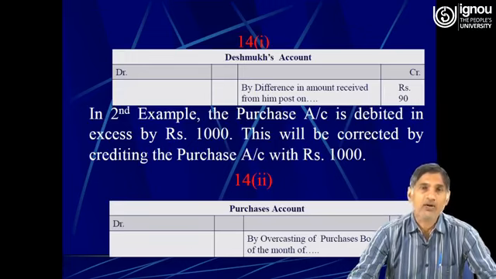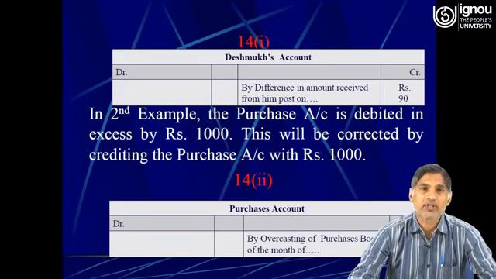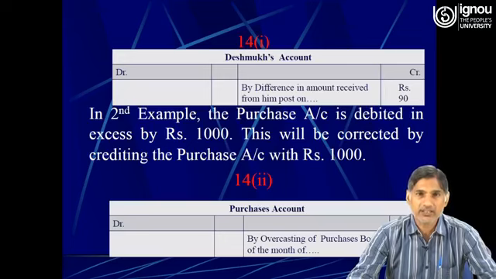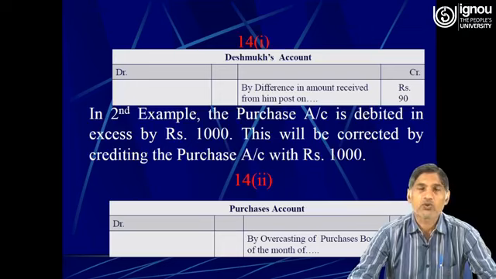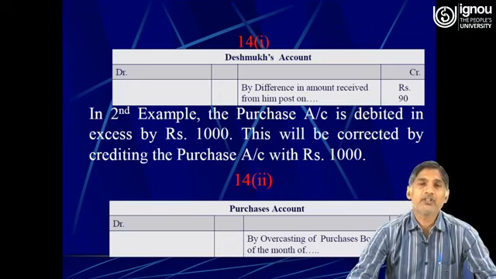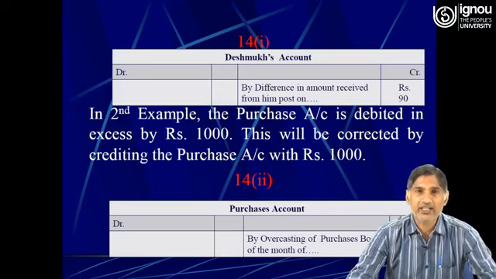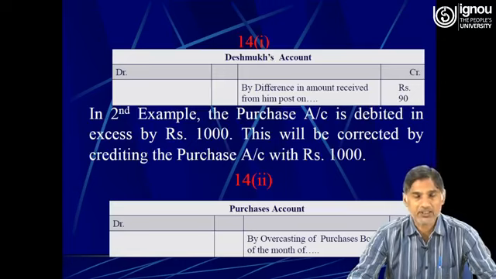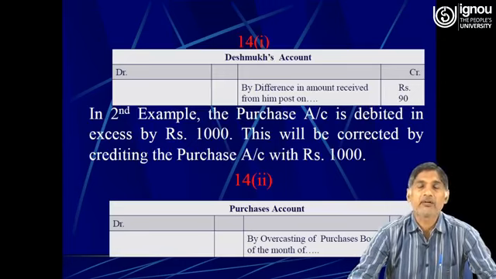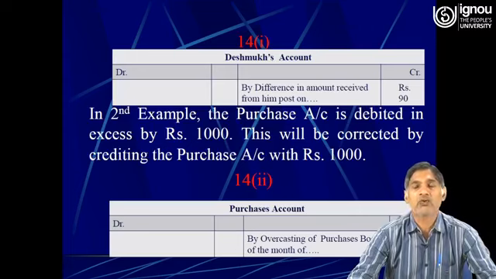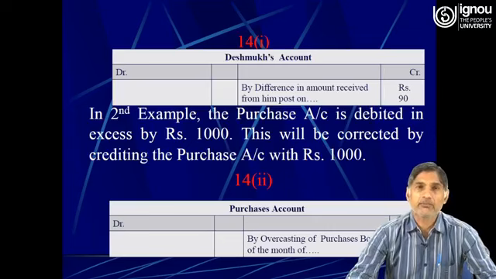Now the second example is the purchase account is debited in excess by rupees 1000. So when, dear learners, we make the journal entry for purchases, generally we make purchases account debit to cash or purchases account debit to supplier in case the purchase has been made on credit basis.